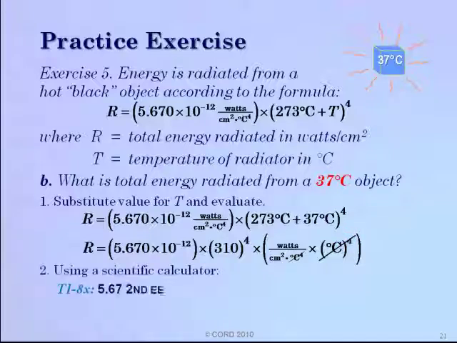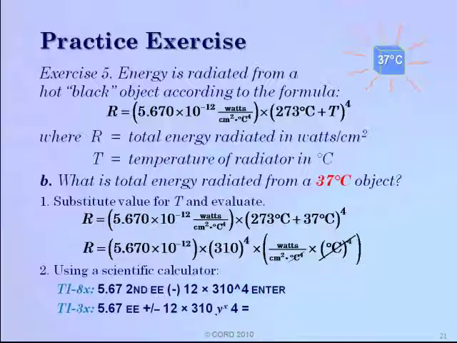Using a scientific calculator as before, negative 12 on the exponent, not a subtraction, and the power raised to the fourth. And on a TI-30 series calculator, similarly, using the y to the x key, will give us that R is equal to 0.052 watts per centimeter squared. Much less energy than the other one.